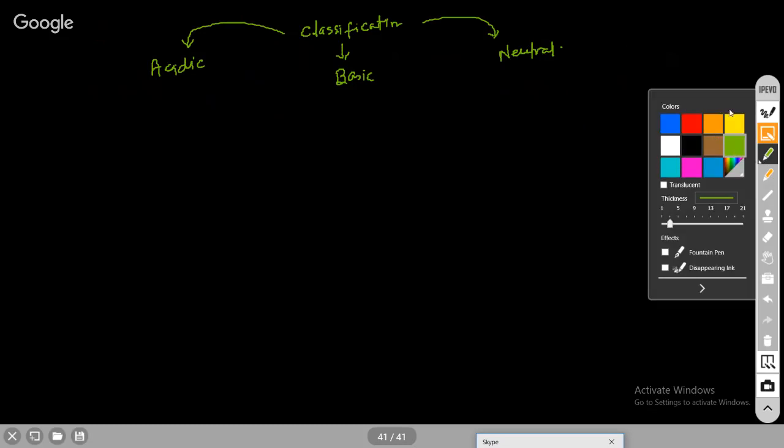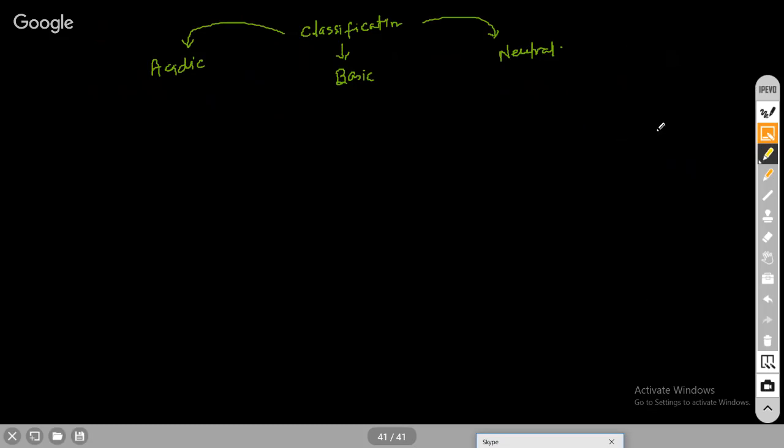See, this acidic and basic nature we define according to the number of acidic and basic groups present. If the number of acidic groups is more, then it is said to be an acidic amino acid. Acidic group means what? COOH. More means more than the basic group.